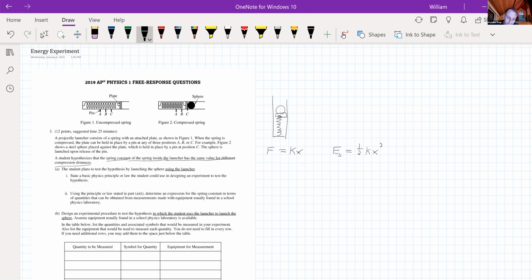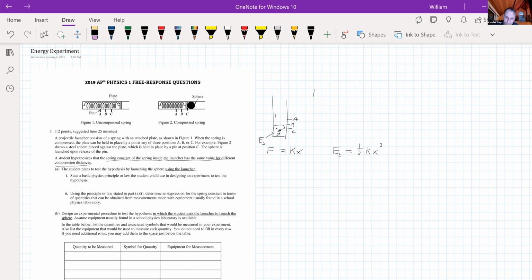We take this ball and we compress it these different distances, A, B, and C, right? Well, if we compress the spring, at the point at which it's compressed, it's going to be entirely spring energy. I'll say ES. When it's all the way compressed, so let's say I compress it all the way down to C, it's purely spring energy.